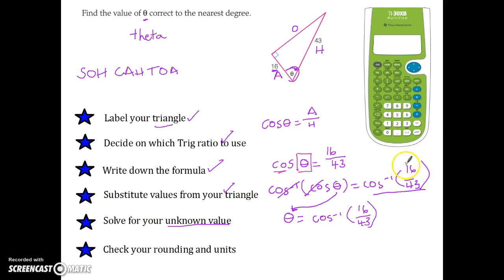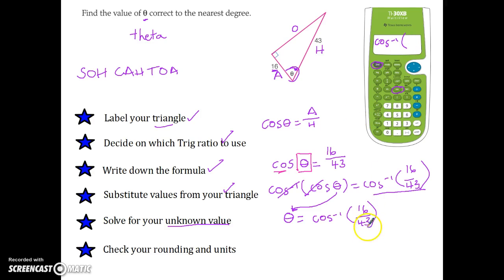On your calculator, to get this cos minus 1 up here, you need to go second cos. So press the second function and press cos. Then on your display, you'll have cos minus 1 and an open bracket.